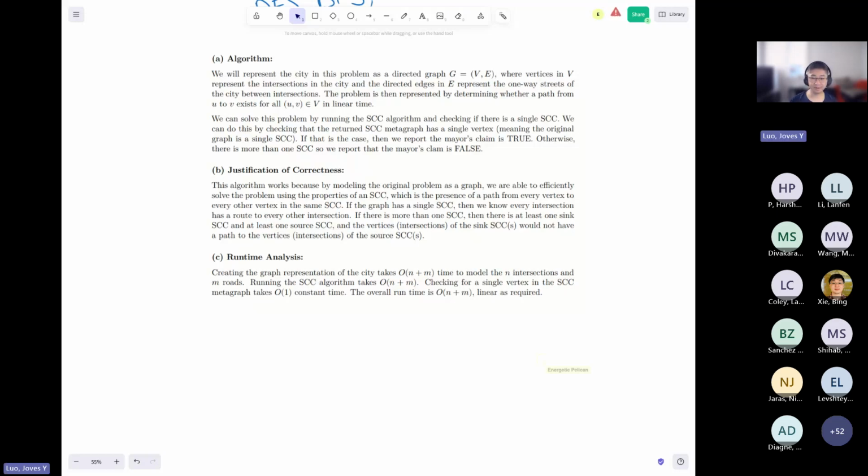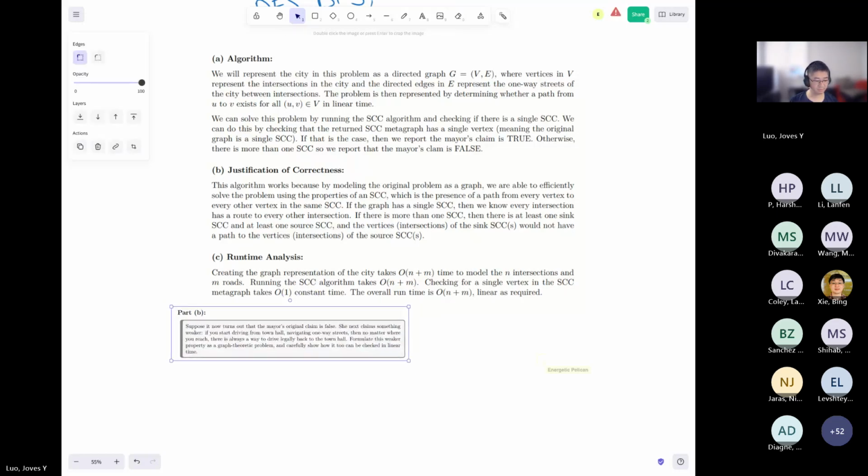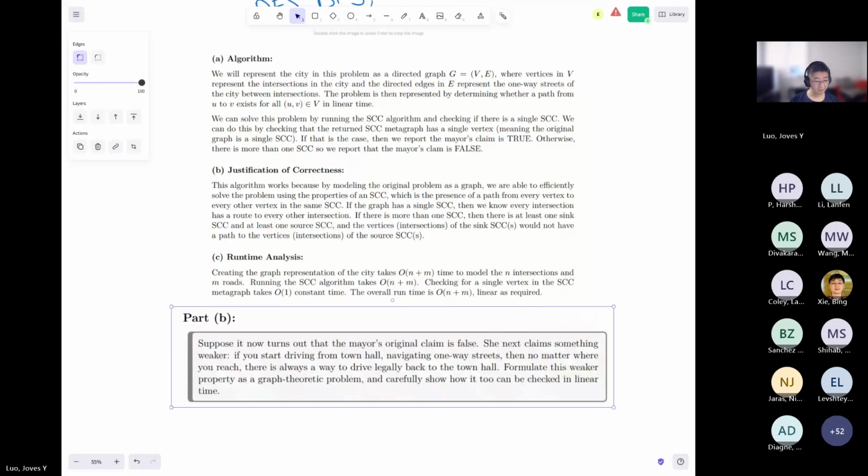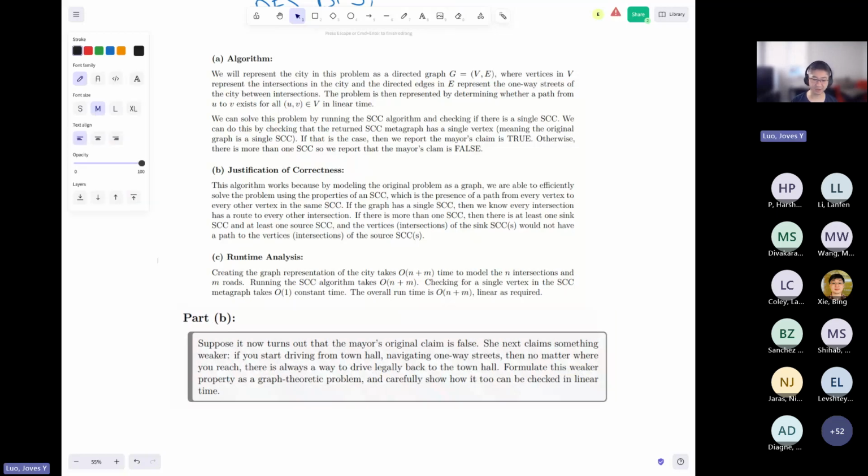All right, moving on to the second part. Suppose it now turns out that Mayer's original claim is false. Imagine making a false claim like that, and then just being like, nah, it's still okay.